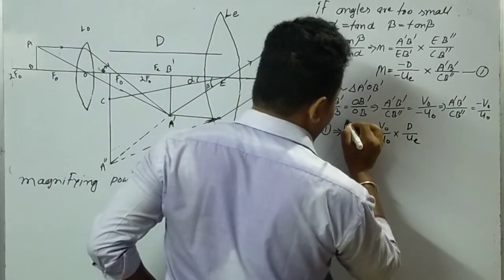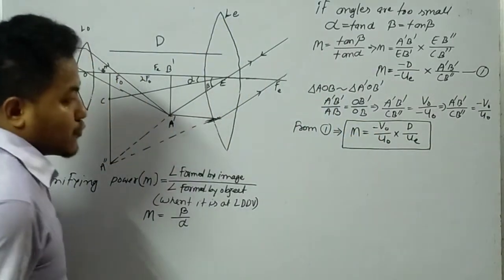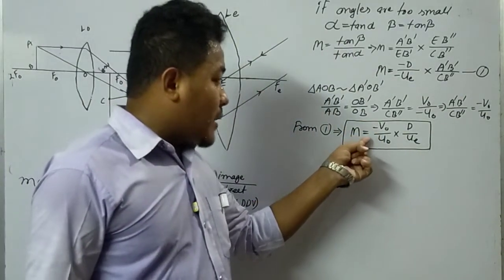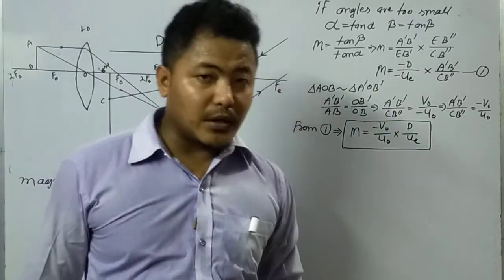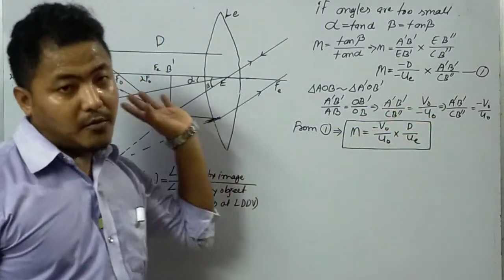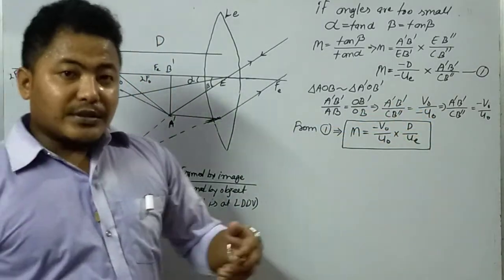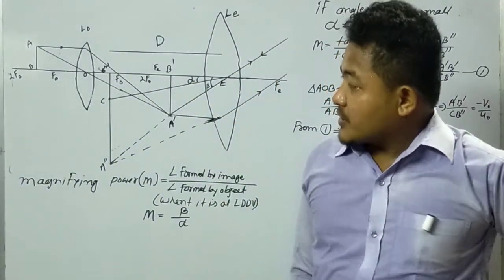And this is normal magnification, magnifying power for compound microscope. M is equal to minus vO by uO into D by uE. Understood now? Okay, this is the general magnifying power for compound microscope. Now there will be two possibilities that arise. What are the possibilities?